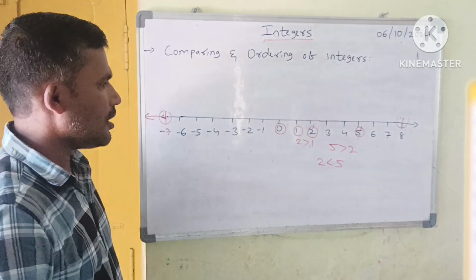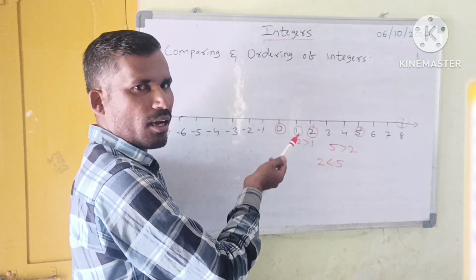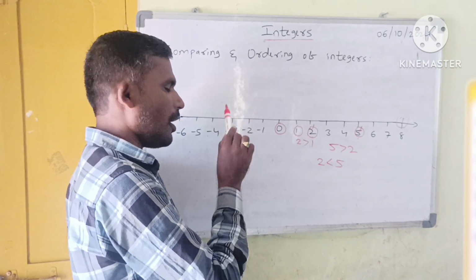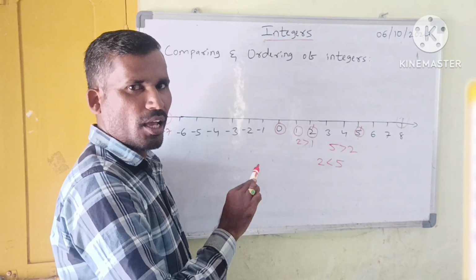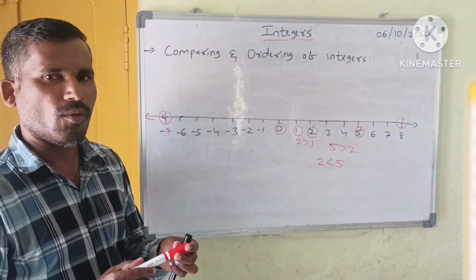That is, when comparing two numbers, if a number is on the left side, it is smaller. If it is on the right side, definitely it is a greater value, a bigger value.